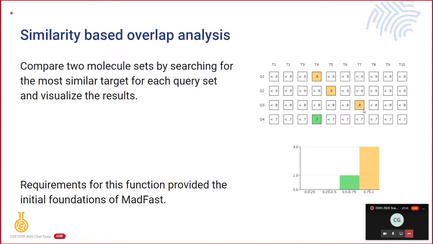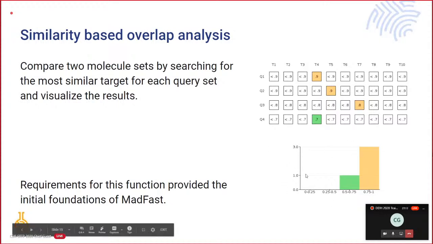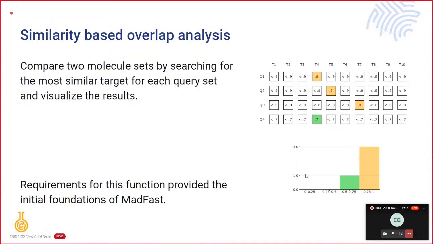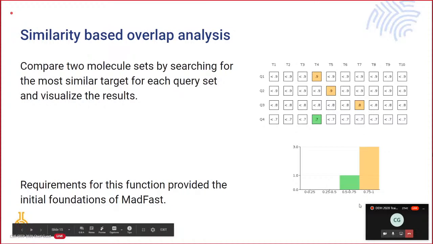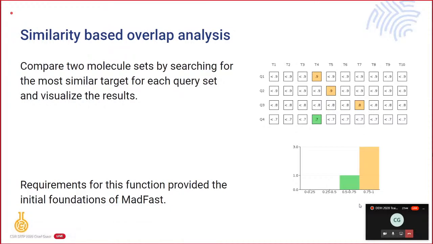And the result of this comparison can be illustrated, for example, in a histogram, where we bin the similarity scores or similarity values and see the distribution of the low and high values. In this example, we can say that for most of the query molecules, a close analog was found in the target set, and we can see it by the right-sidedness of this similarity score distribution histogram.